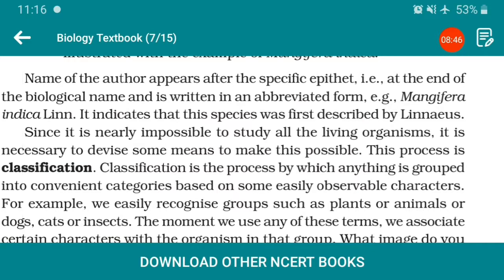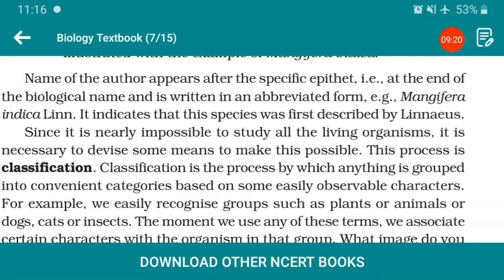Since it is nearly impossible to study all the living organisms, it is necessary to devise some means to make this possible. This process is classification. Now, why are we doing classification? The question arises in our mind. We classify things, organisms and groups into convenient categories.